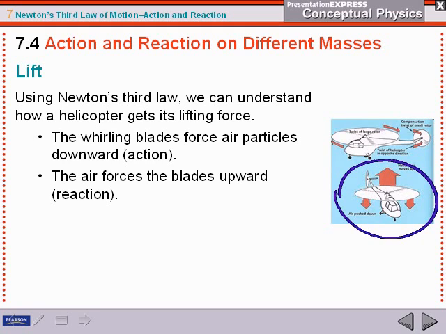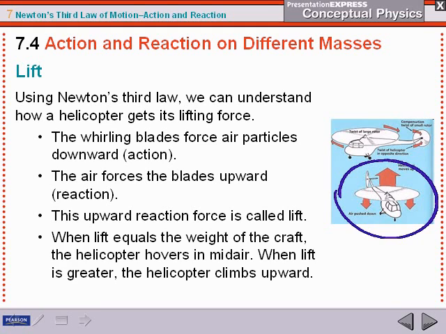Now the air that the blade forces down pushes back up on the blades, which causes the reaction force, which causes the helicopter to go upwards, and that upward reaction force they actually call lift. And when your lift, or the force pushing the helicopter back up, is equal to the weight, the helicopter is going to hover. But when you get the lift greater, the helicopter will actually climb upward.